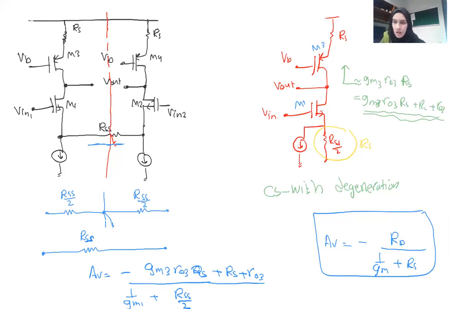No, you cannot write R out 3 plus RS as your RD here. Basically, it's a cascade topology. You have to be careful.